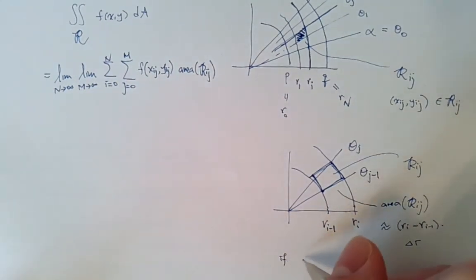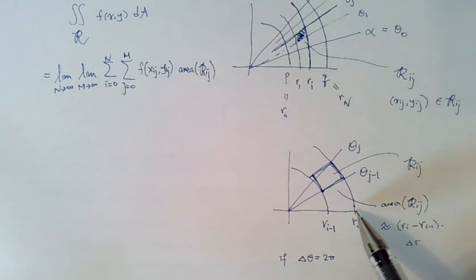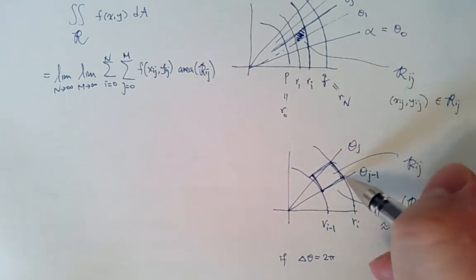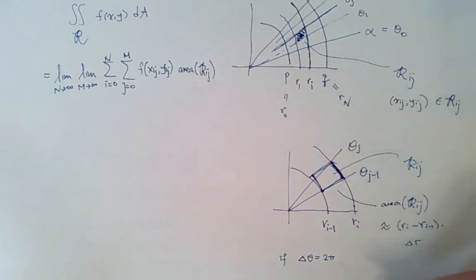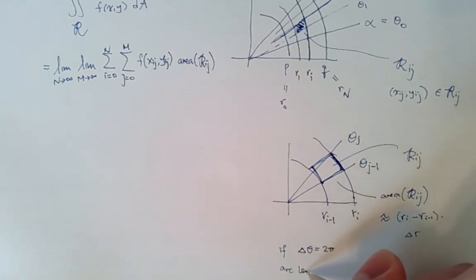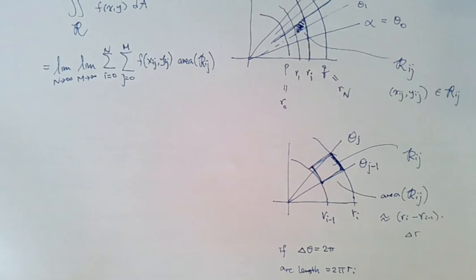If delta theta is equal to 2 pi, if theta goes from 0 all the way to 2 pi, then this arc length is equal to 2 pi r sub i. You know this formula for the circumference of a circle from kindergarten.